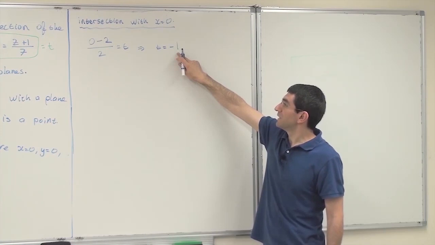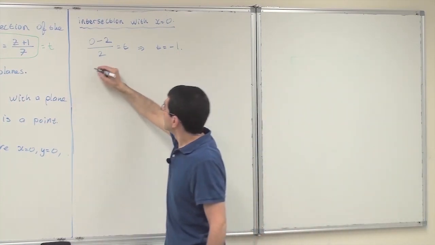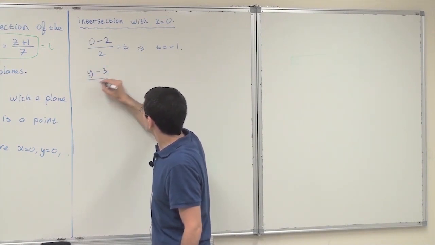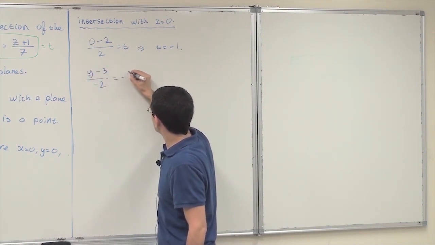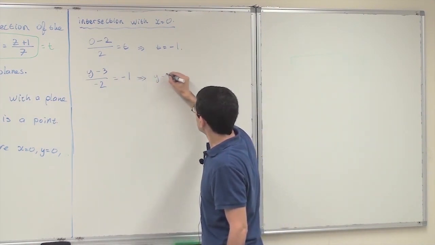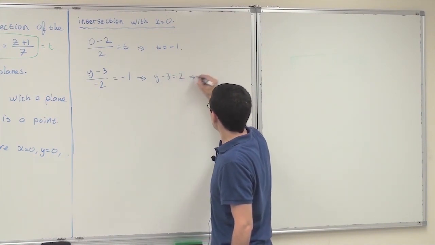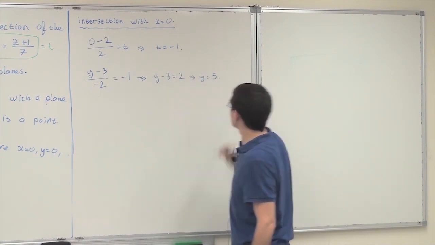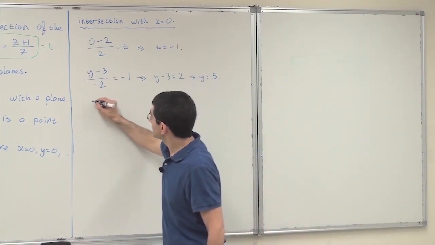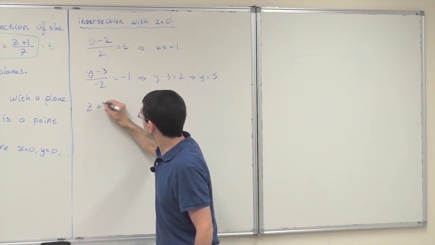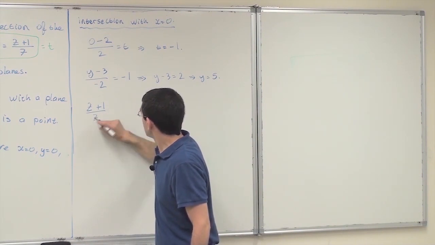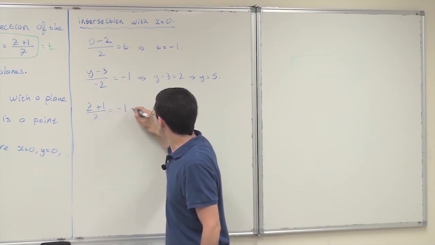Now, using this information, I can find the other components. So (y minus 3) over -2 is equal to -1. And if you solve this, you have y minus 3 equals 2 and y equals 5. So we have found the y component of the intersection point. Then (z plus 1) over 7 is equal to -1.